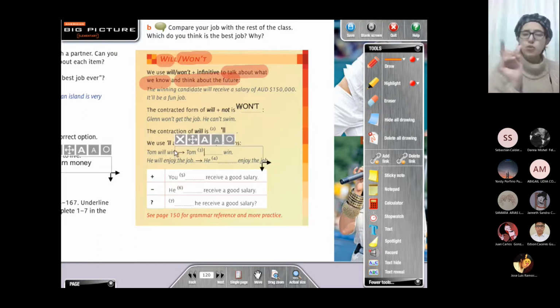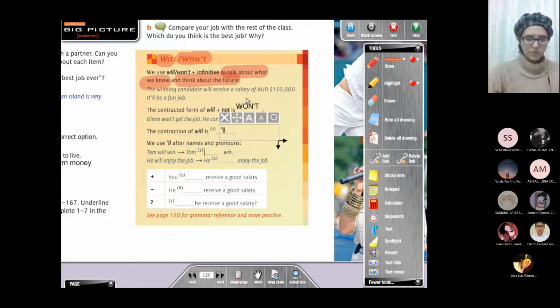How can we make this shorter? It would be the apostrophe and the two L's, teacher. So it will be Tom'll win. Tom'll win. Yes? And what about number 4, Sebastian?